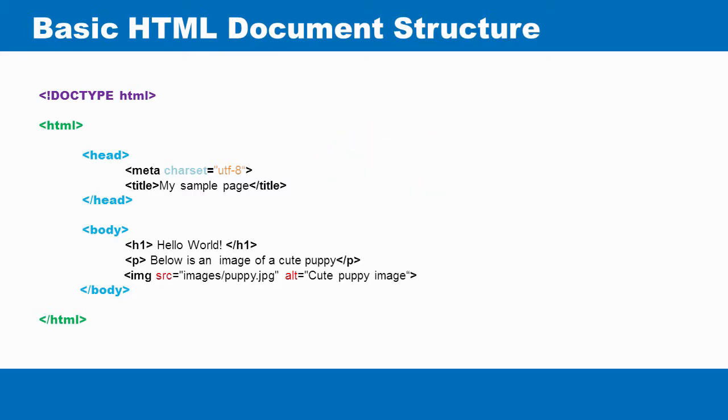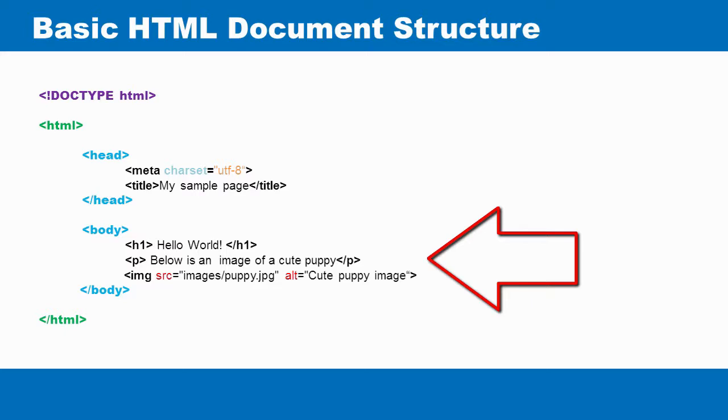Next, we have the body element. The body element actually contains the visual content of the page. So when you visit a website, the actual content you can see is the content that is wrapped between the body tag. Anything between the opening and closing body tag is the visible content that is displayed on the web page.